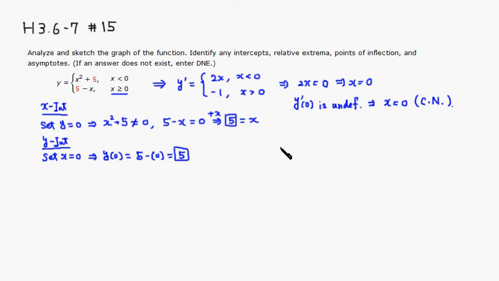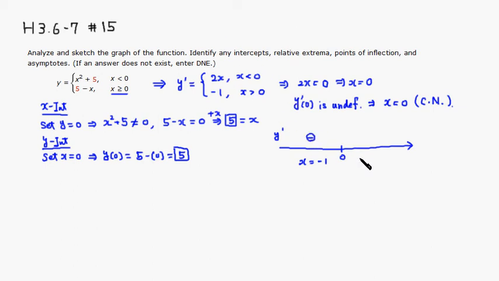So we're going to do a number line. It's going to be at 0. Then we look at the y prime. When x is less than 0, like -1, we have to plug it into the top one. So 2 times -1 is -2, so it's negative here.